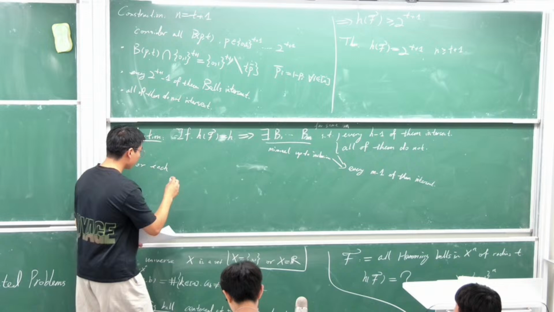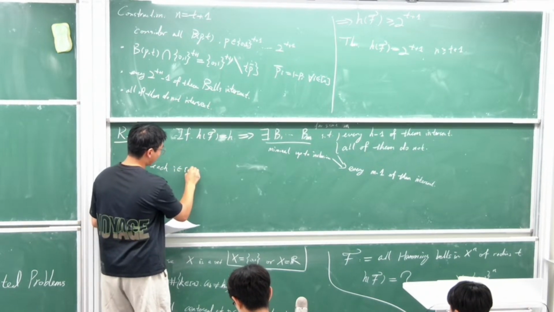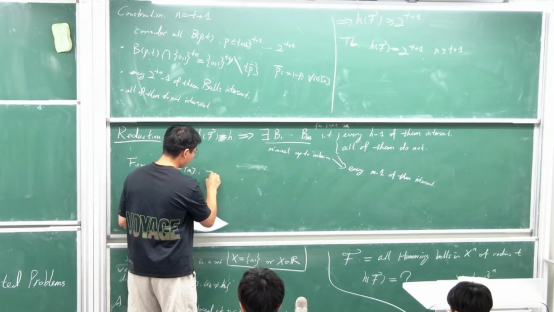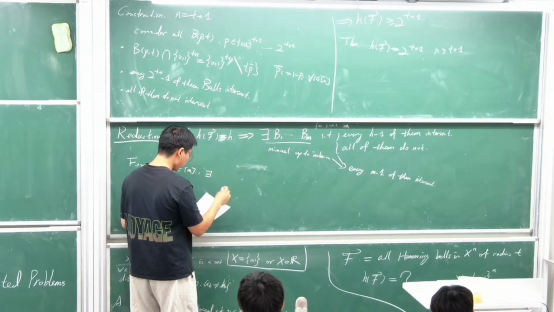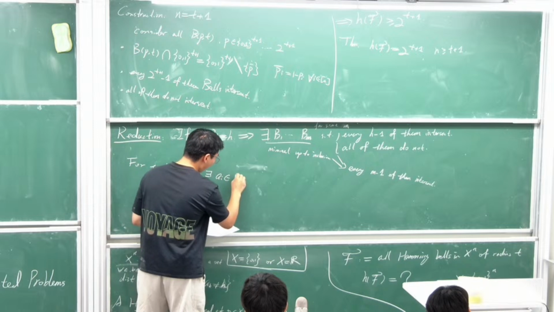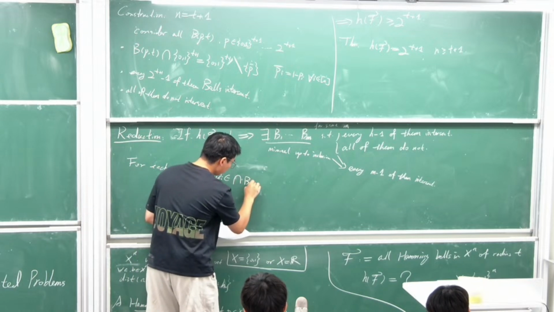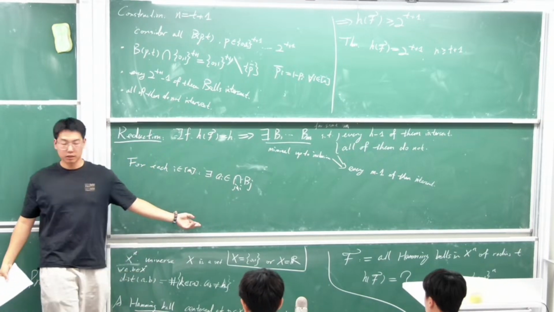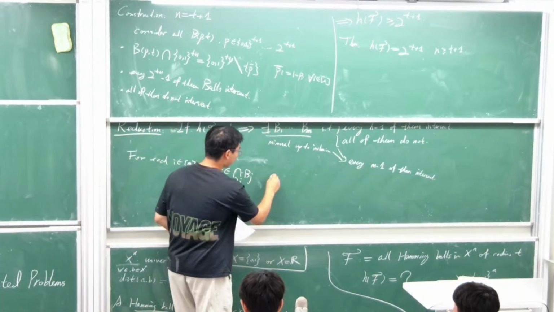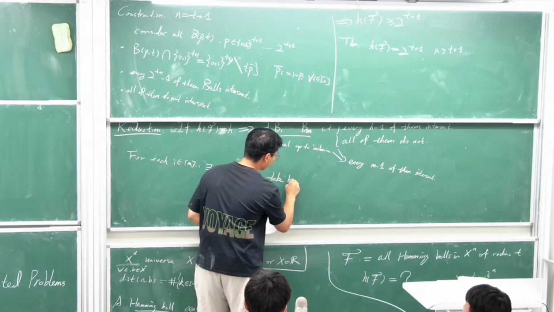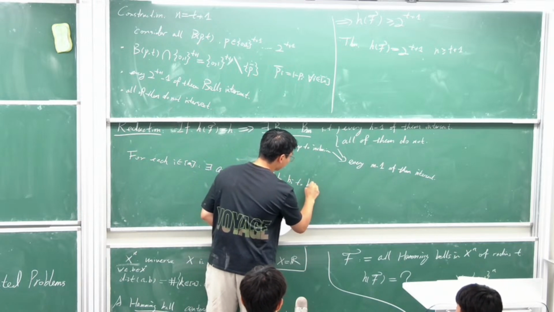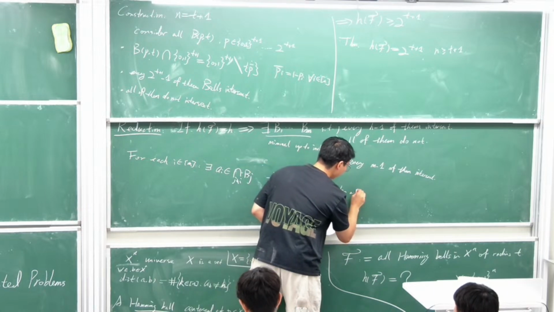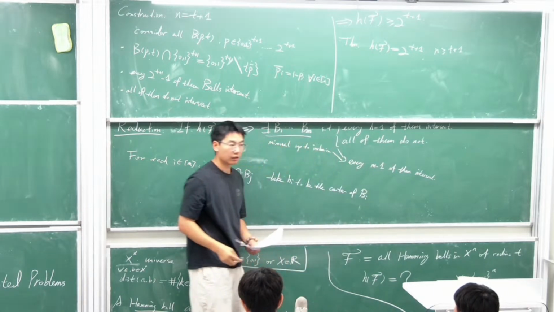So in particular, this means that for each i among these m or h, whatever, there exists a point, let's say a point called ai, that lies in all the balls that are not i, because this is non-empty. And also, we can take bi to be the center of capital Bi, the ball Bi, right?